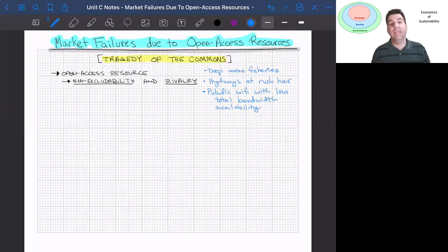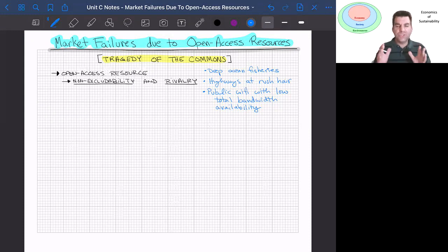You might say, it's great that I can go for a walk in the park and I have access to city Wi-Fi, but if that Wi-Fi has low bandwidth and there are a lot of people in the park, then as more and more people connect, everyone's speed ends up getting so slow that you might as well not have any Wi-Fi at all. All of these we can view as open access resources, and it can be a significant problem to maintain the quality of those resources, and they can lead to over-exploitation, in the case of things like fisheries, total extinction of those fish.